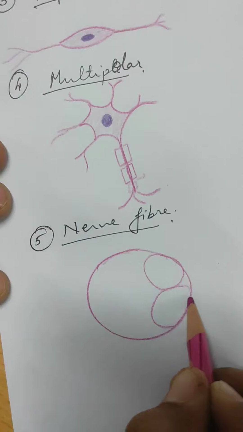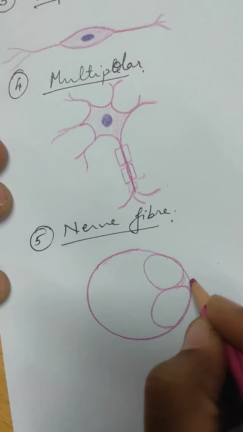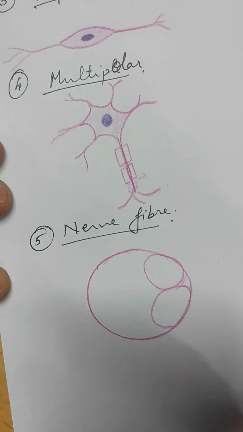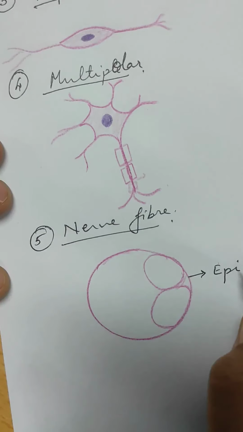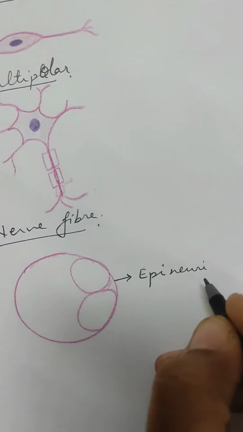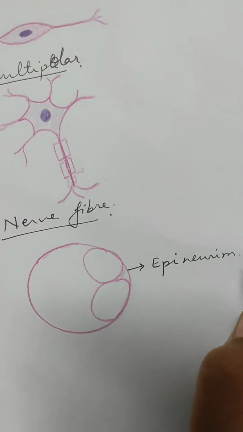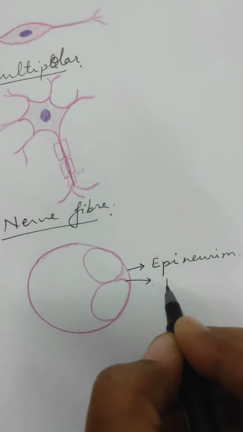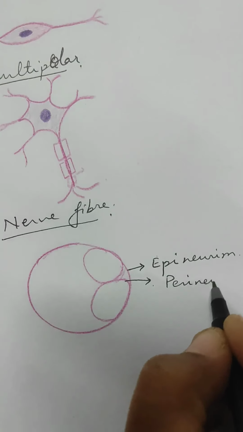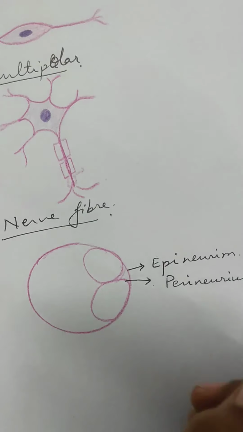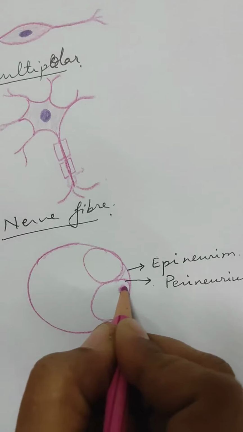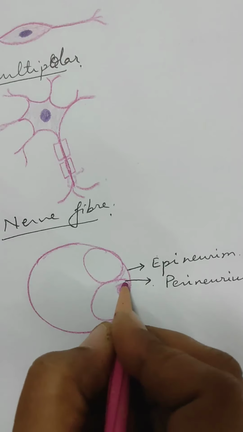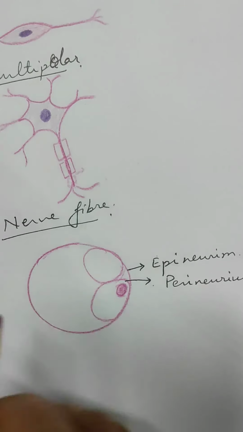This line is called epineurium. This covering is called perineurium, and it contains axon bundles which are covered by endoneurium.